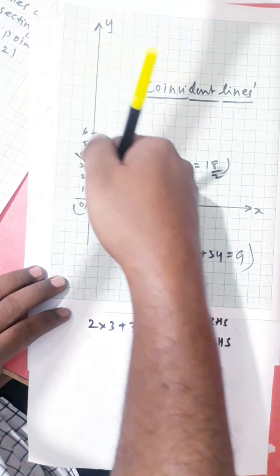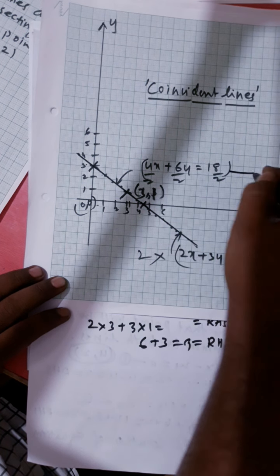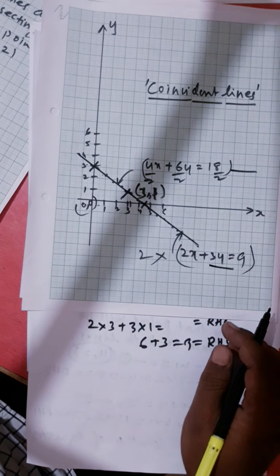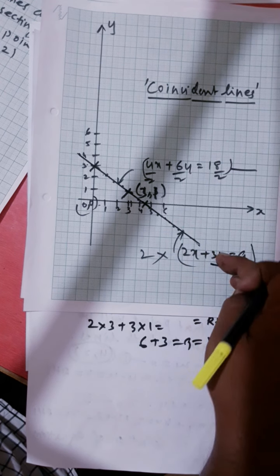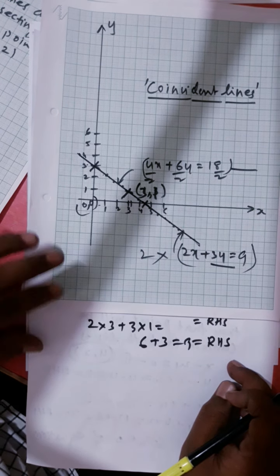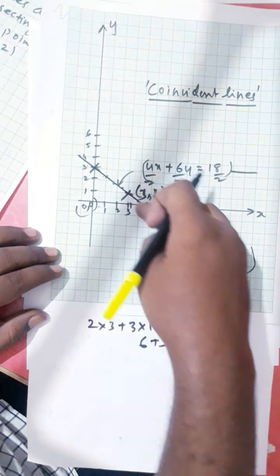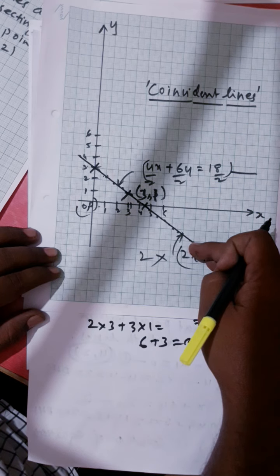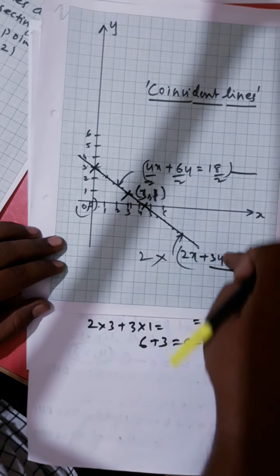All the points which lie on this set of lines are going to be a solution of both these equations. It means that these two equations have infinitely many solutions. All the points which lie on these lines act as solutions for these two lines.